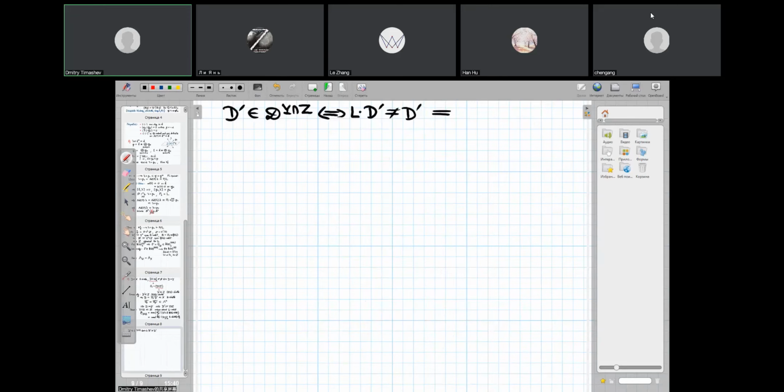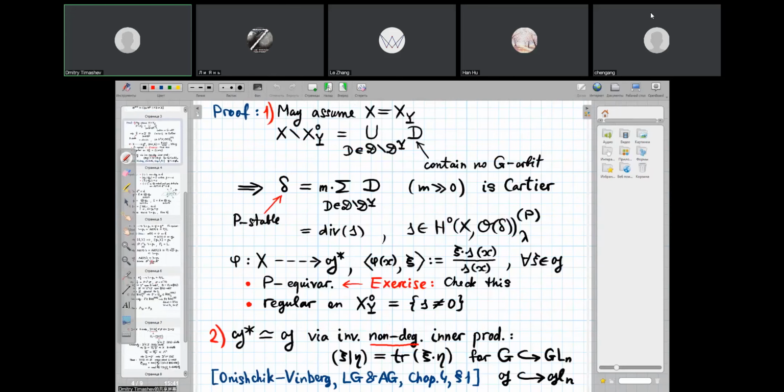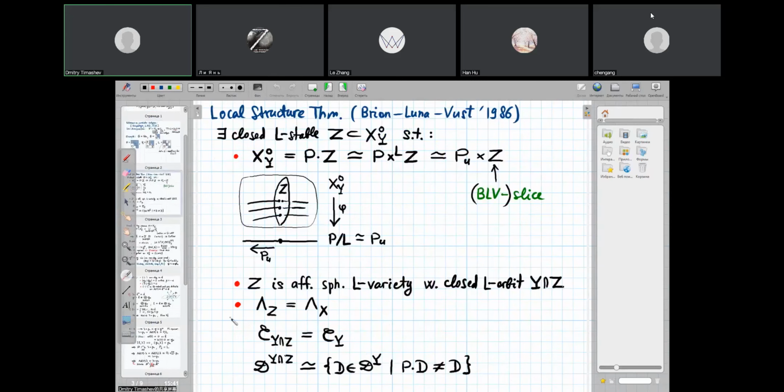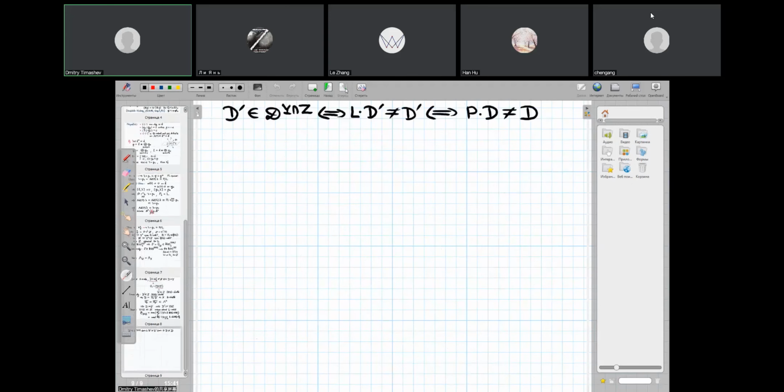But this condition is equivalent to saying that the divisor D, which is obtained from D prime by the PU span, is not preserved by P. And this is exactly the condition here. So we have described the colors in Z as those in bijection with the colors in X which contain Y and which are not stable under P. Finally, we have proved all statements, and this is the end of the proof of the theorem.